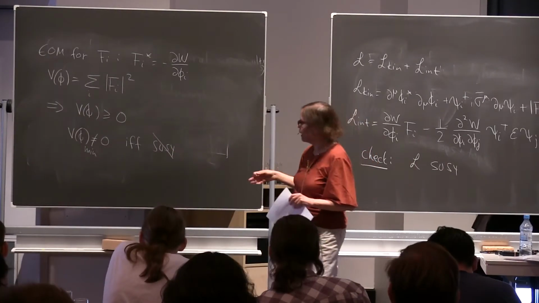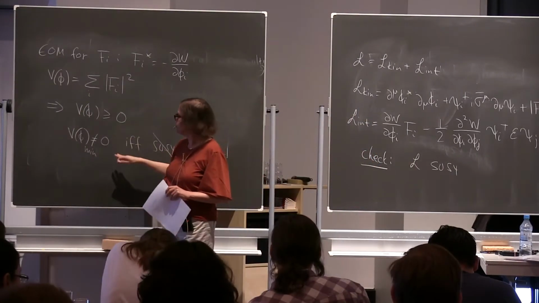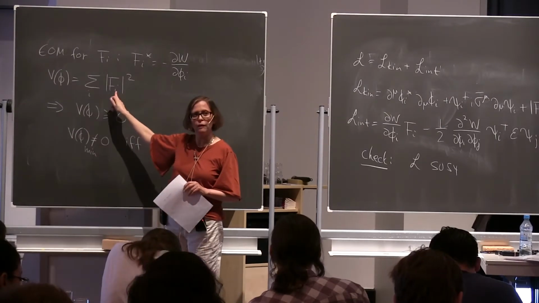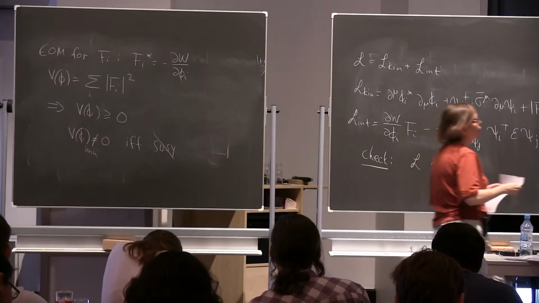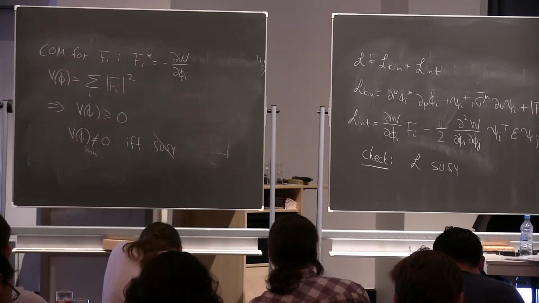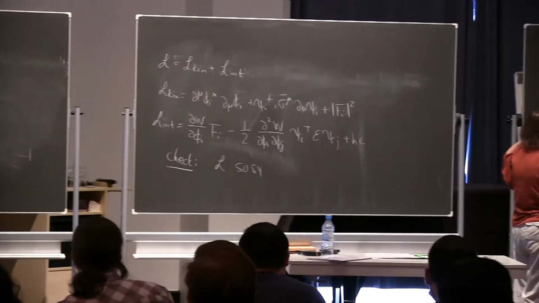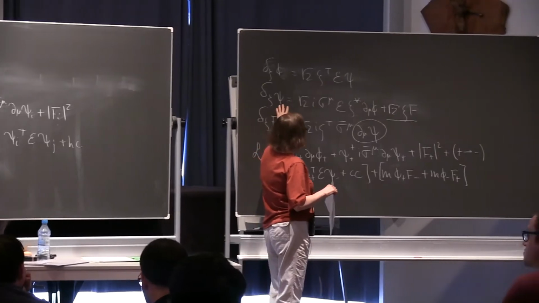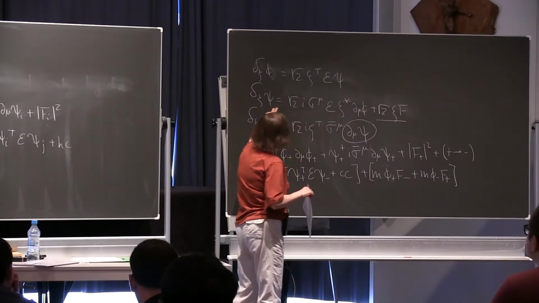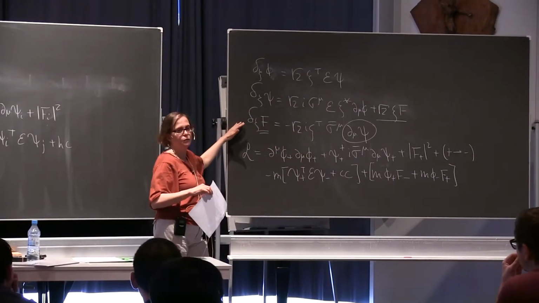So how do I see that? In order to get a non-zero V at the minimum, I need one of these F's to be non-zero. And looking over here, you'll see that F appears over here. So these are the supersymmetry transformations, right?